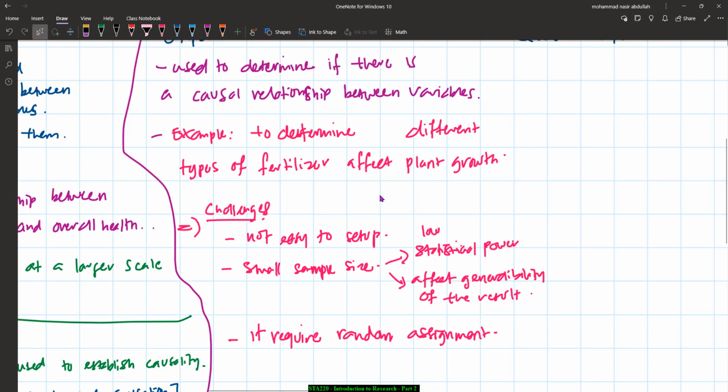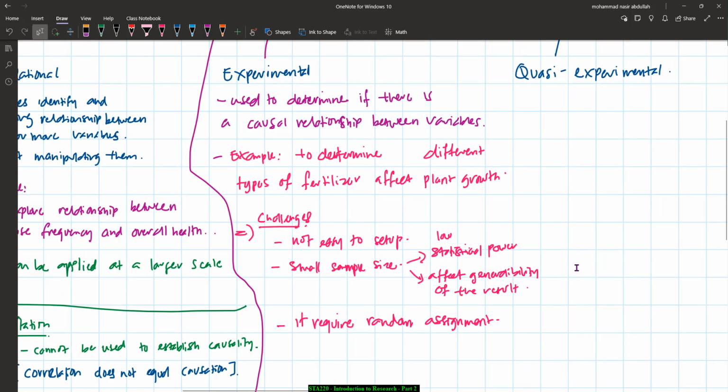Okay, random assignment. I think you will learn this topic in more detail maybe next semester in the subject design and analysis of experiment. You will learn about RCBD, randomized block design, LSD, Latin square, and so on lah. Right. So that is a major challenge of experimental design.